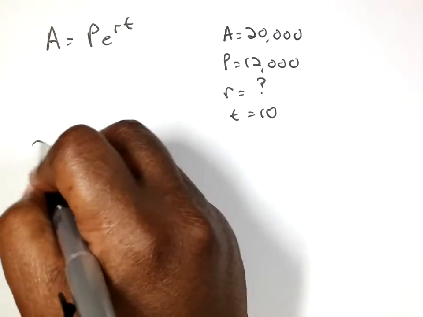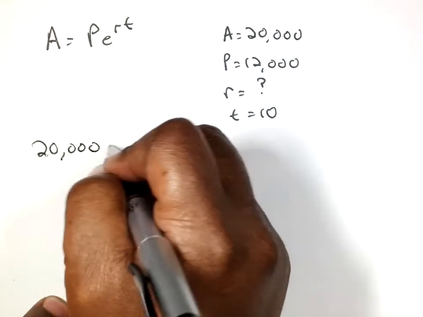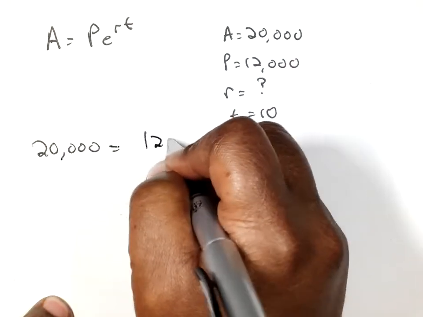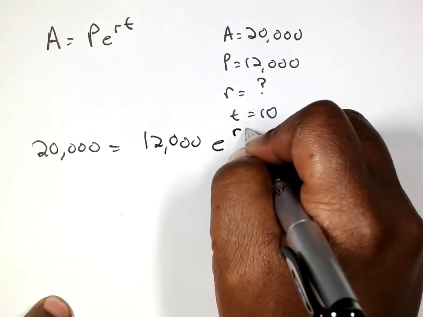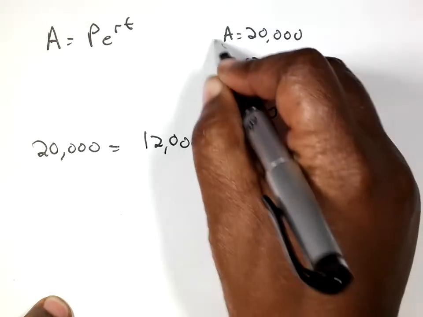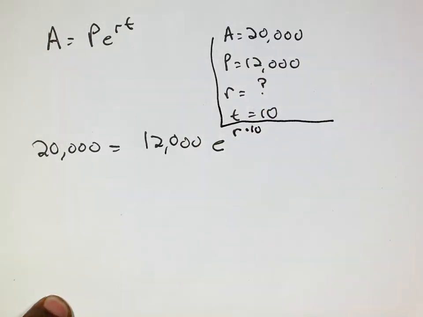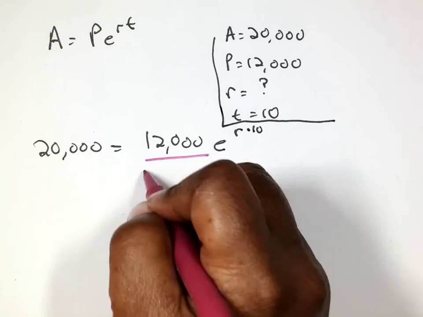So our formula: 20,000 equals 12,000 e to the r times 10. To solve this, the first thing I'm going to do is isolate the exponential. We looked at solving exponential equations in an earlier section.